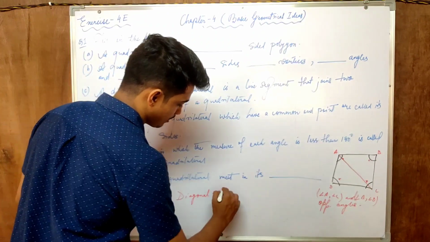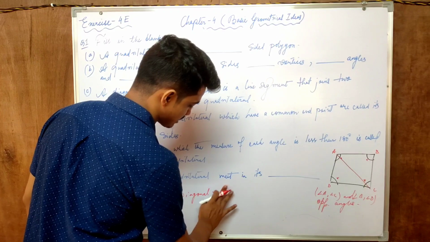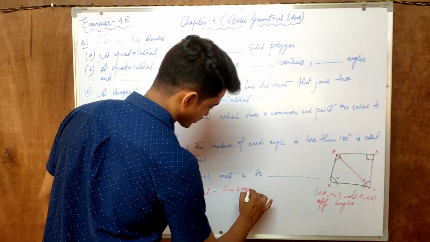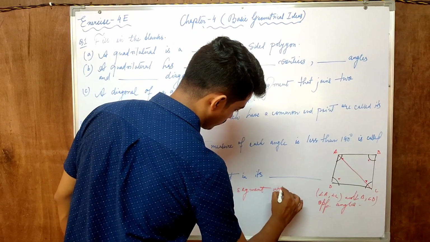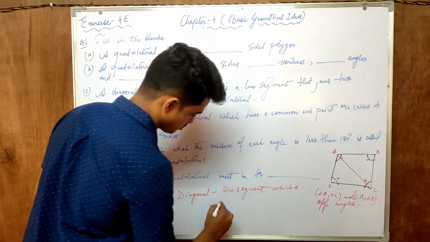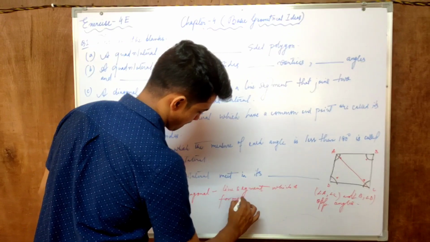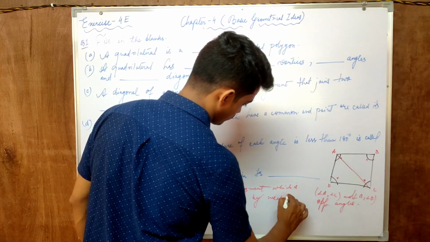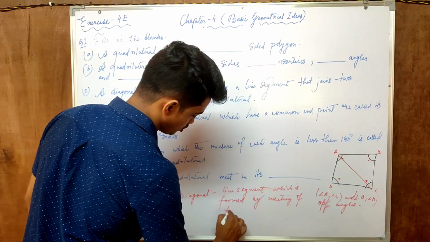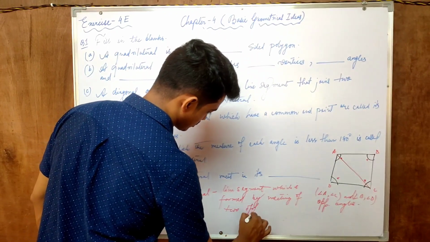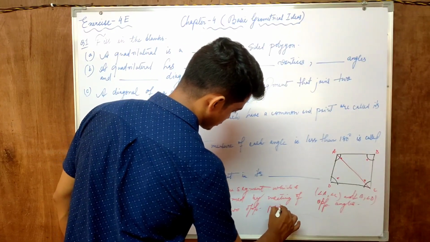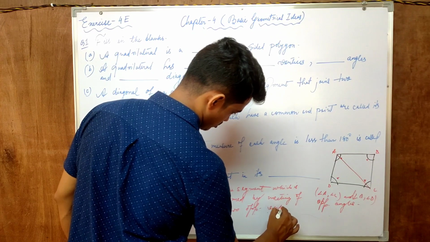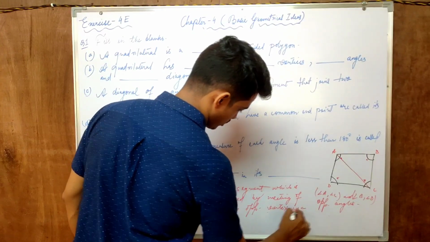Diagonal means the line segment which is formed by meeting of 2 opposite points or opposite vertices in a quadrilateral.